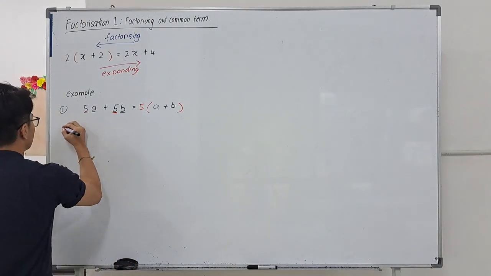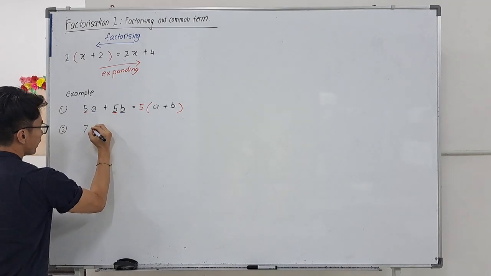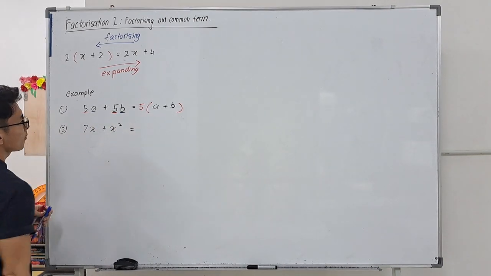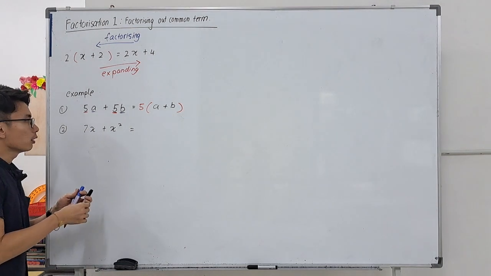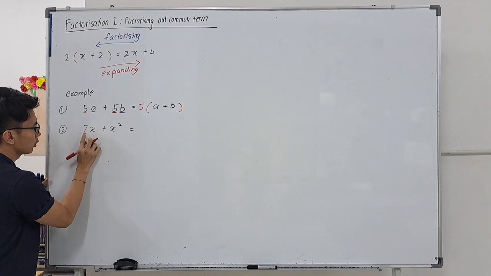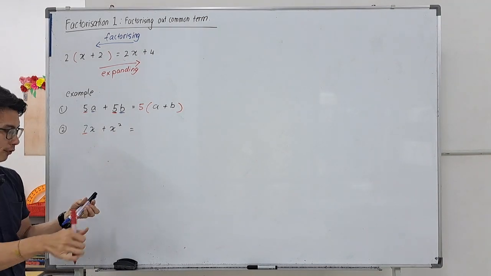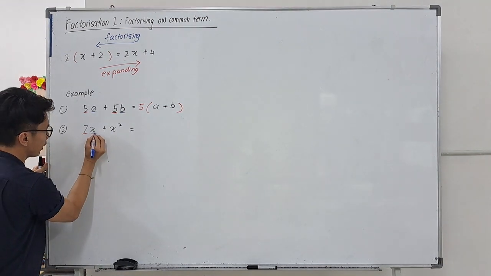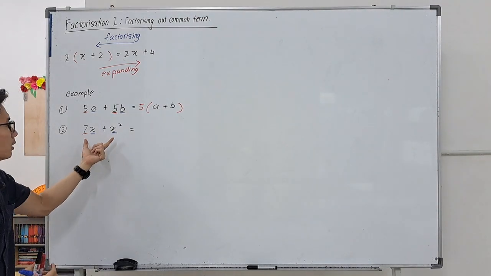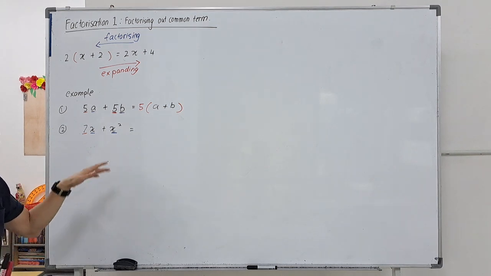Let's try this example: 7x plus x squared. Again, in this expression I have two things. I have my numbers, but there's no number here, so that's fine. And I have my unknown as well. So what is the common thing that I can take out from this expression?